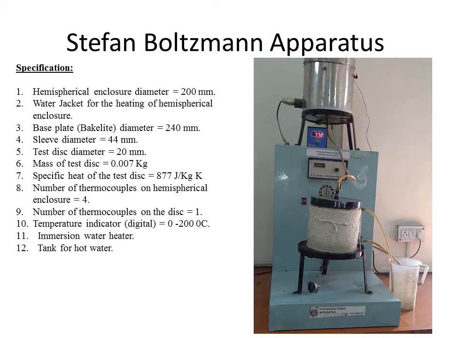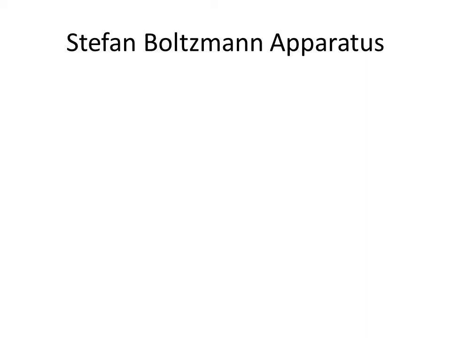Number of thermocouples on the hemispherical enclosure are 4. Number of thermocouples on the disc is 1. Temperature indicator is 0 to 200 degrees Celsius. Immersion water heater and tank for the hot water.